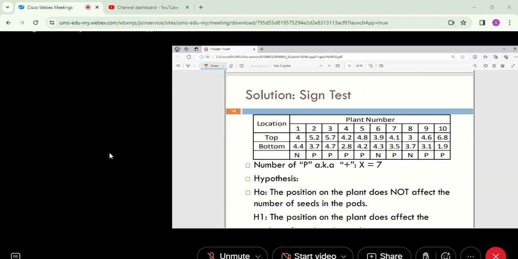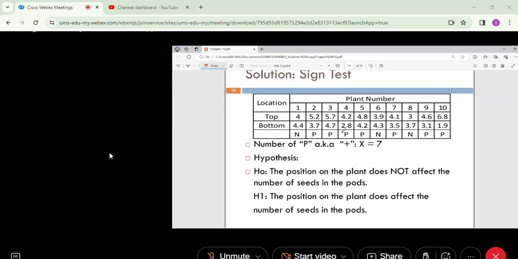Now, how about the sign test? Just now was the Wilcoxon signed rank test. Now the sign test uses a very simple approach. We just want to see how many negatives and how many positives we get when we subtract the number of seeds at the bottom from the number of seeds at the top.